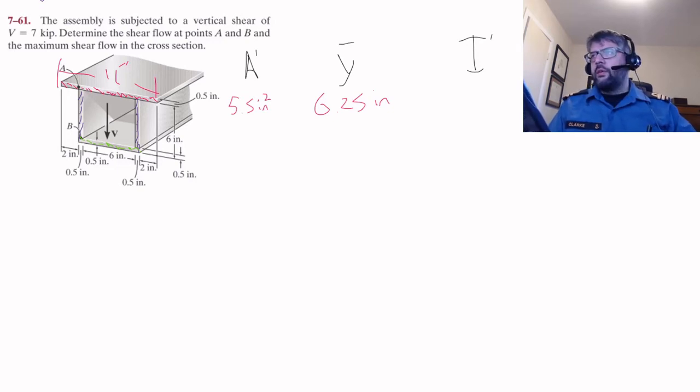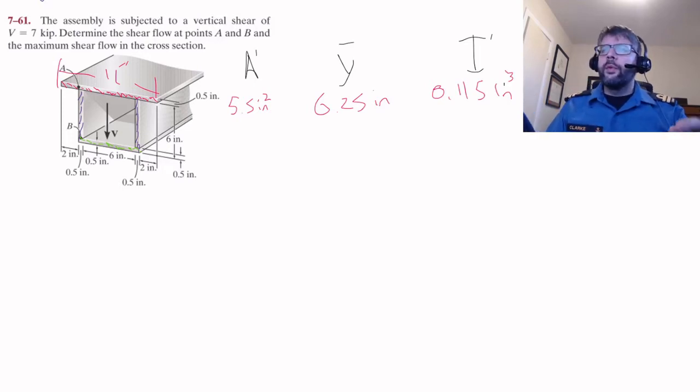So that'll be 0.115 inches to the third. I'm probably not going to need that many decimal places because it's going to be completely overwhelmed by the other ones.